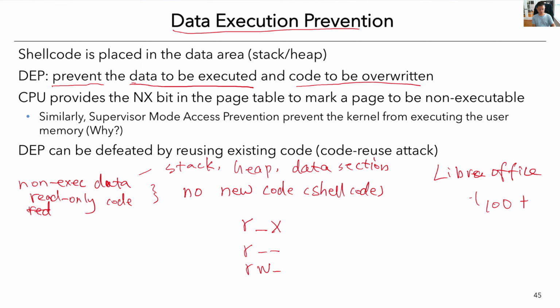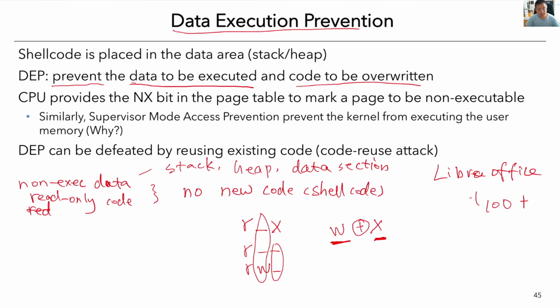So because of this, right? If we look at this truth table, the data execution prevention sometimes is called W XOR X. It means that a piece of memory cannot be writable and executable at the same time.